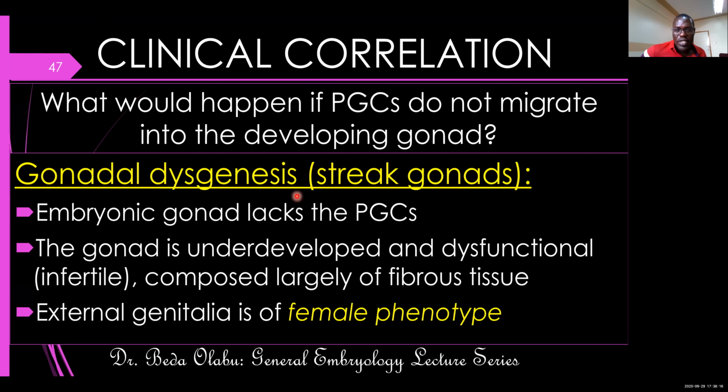In terms of sex determination, we said that there are 3 steps that are involved in sex determination. The first step is what we call genetic sex determination. Genetic sex determination occurs at fertilization.